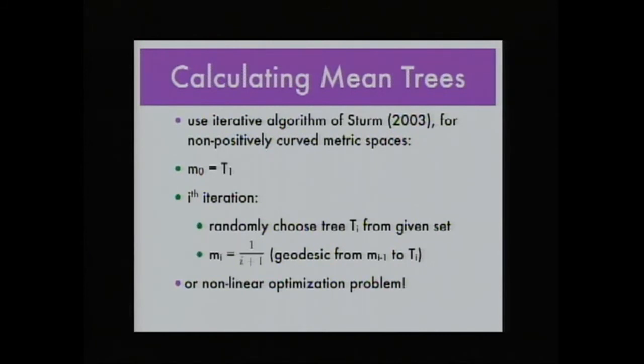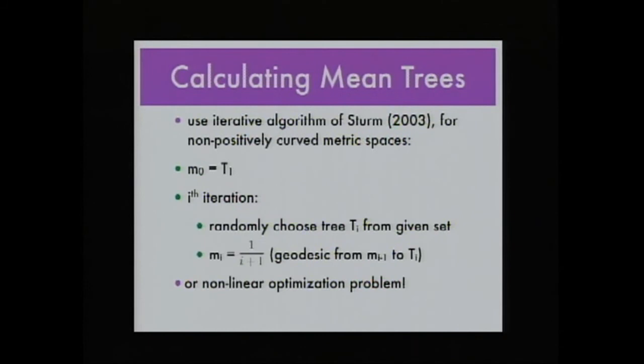So we've got a path, and we pick the tree along it that's 1/(i+1) of the distance along that geodesic. In the first step, I start with some tree, that's my mean candidate, M0. I pick some other tree, and M1 would be the tree halfway along that geodesic.